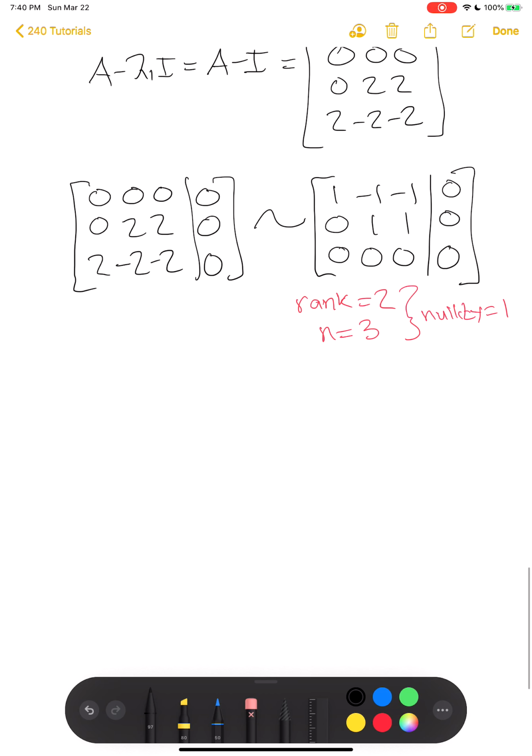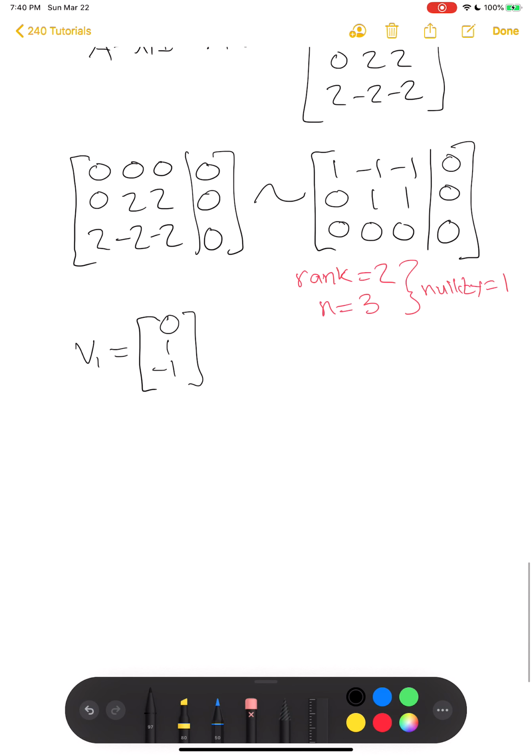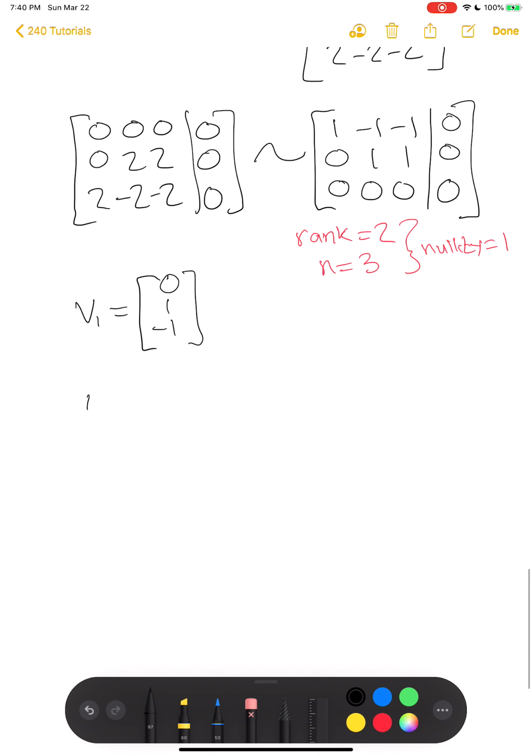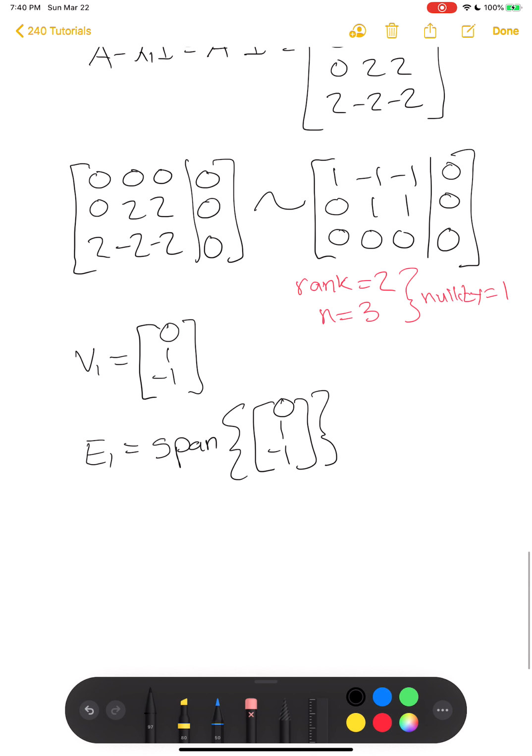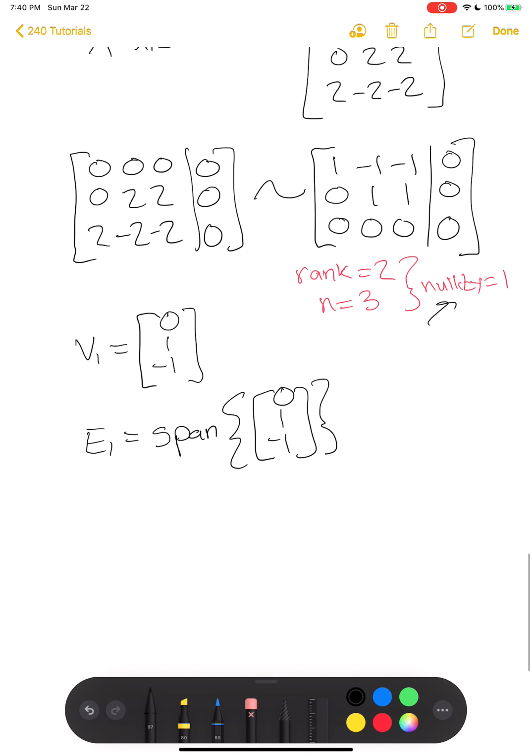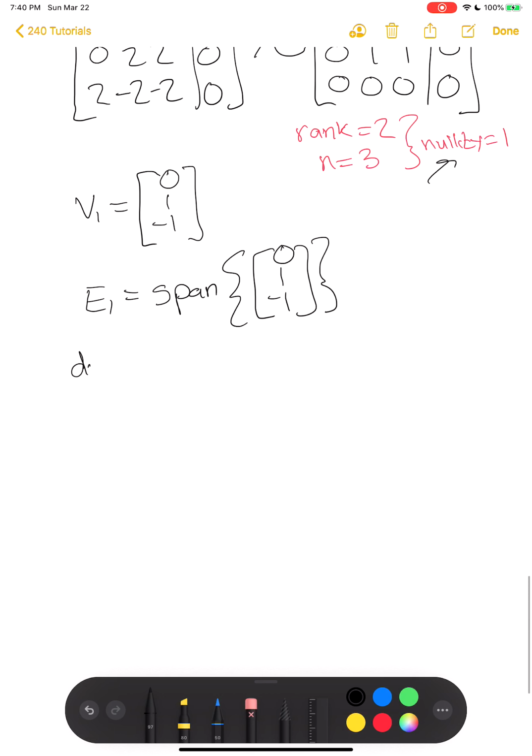And one such vector is just going to be 0, 1, negative 1. That should work out fine. Okay, so then we know that E1 is equal to the span of this vector. And again, we know it's only this vector. We know it can't be more linearly independent vectors because we only have a nullity of 1. And so then the dimension of E1 is equal to 1.